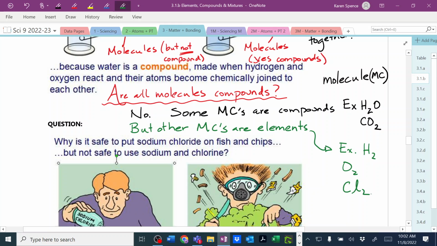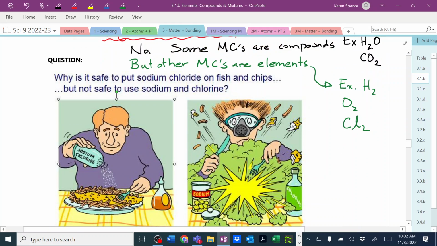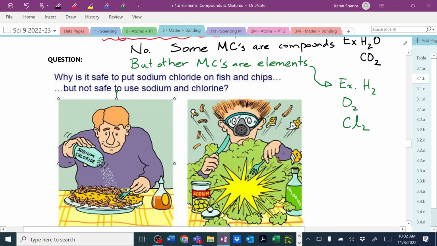So now we get to the point, why is it safe to put sodium chloride onto fish and chips, but it's not safe to use sodium and chlorine? So sodium chloride, yes. Sodium and chlorine, no. Chlorine is a toxic gas.